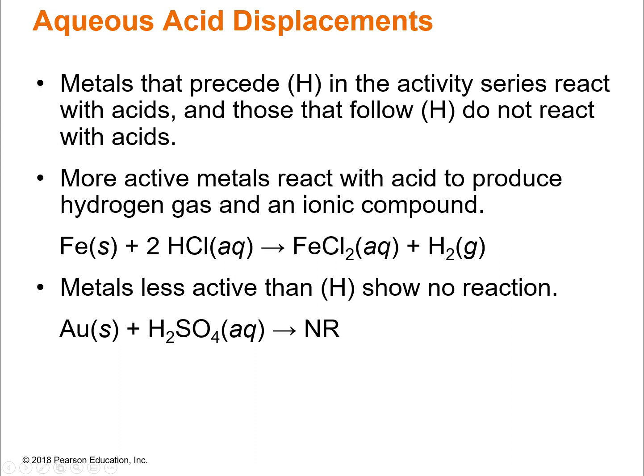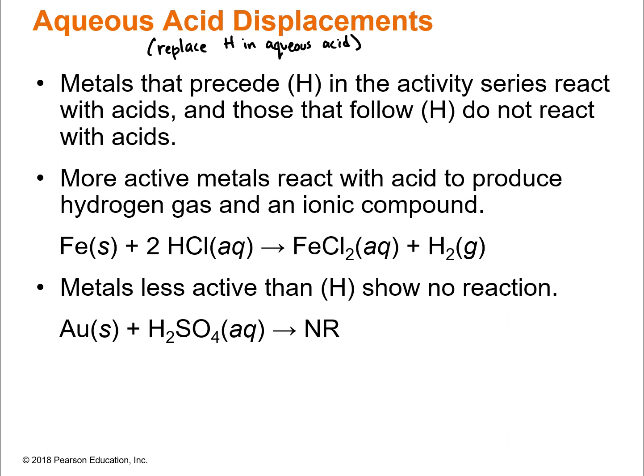We can also have aqueous acid displacements, which are similar to single replacement reactions, but instead of a metal, you're replacing hydrogen. So you'll notice that in the activity series, there's that H in parentheses, that's for hydrogen.